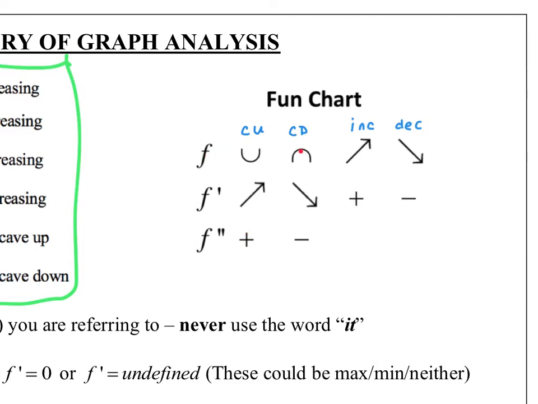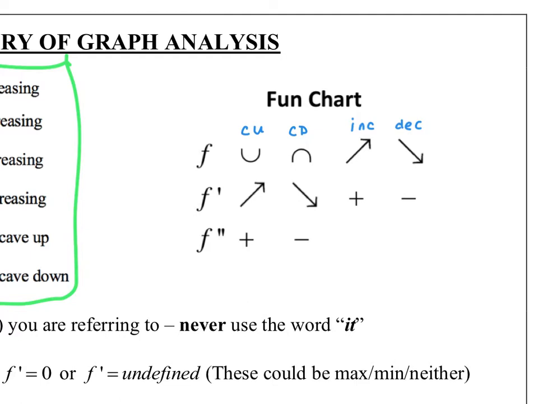When f is concave down, f prime is decreasing, and f double prime is negative. When f is increasing, f prime is positive, and when f is decreasing, f prime is negative. So it's just all those relationships shown in a visual format.